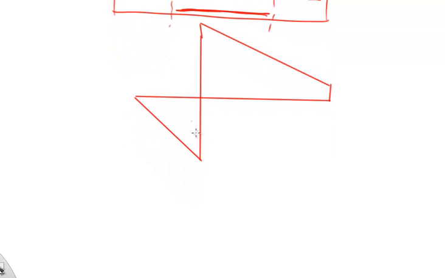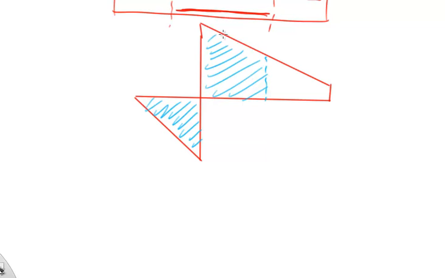The areas I'm trying to equate is this area with some area here, and if I set these two equal, I can find the distance x from this point to this point where the moment is 0. How do I find this? It's not as easy as we've done it before.